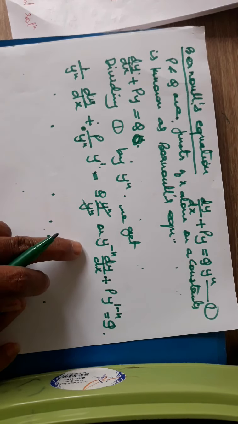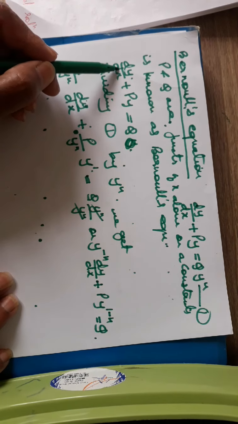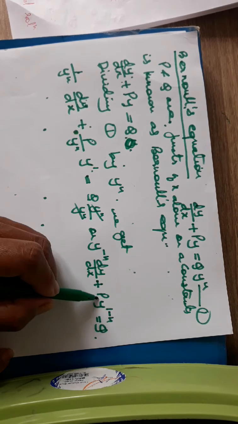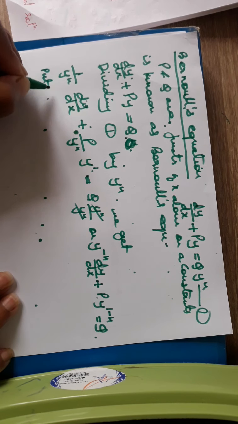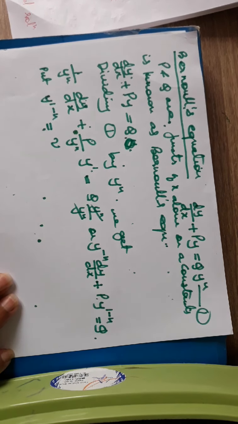So how to express this in linear form? That is, how to express it in the form dy/dx plus Py is equal to Q? For that we substitute, put y to the power 1 minus n is equal to v.